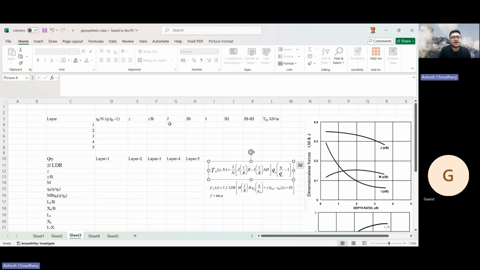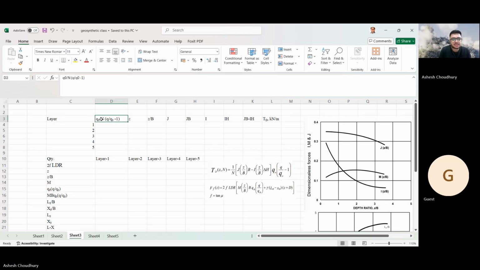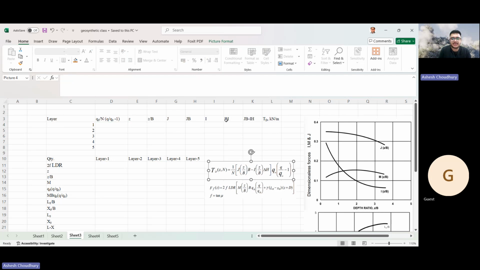Now for each layer we are finding this out. So for us this N will be, let me show you. So this H is what?